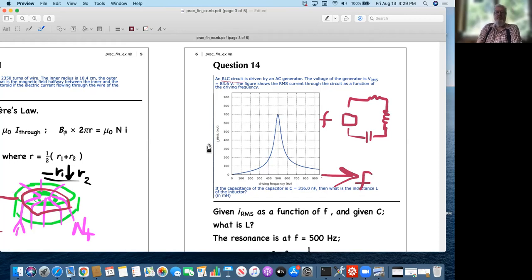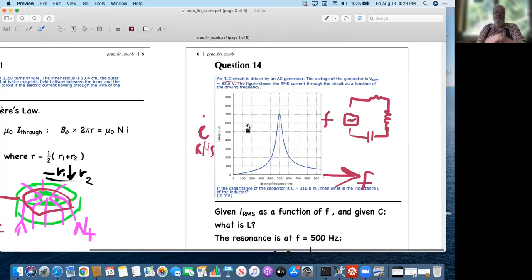What's plotted on this axis is the RMS current. The current will be an alternating current because you have an AC generator.